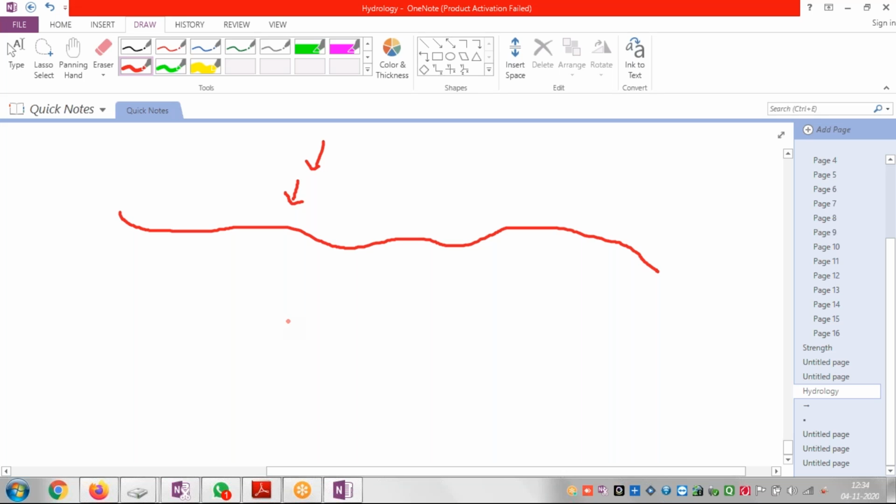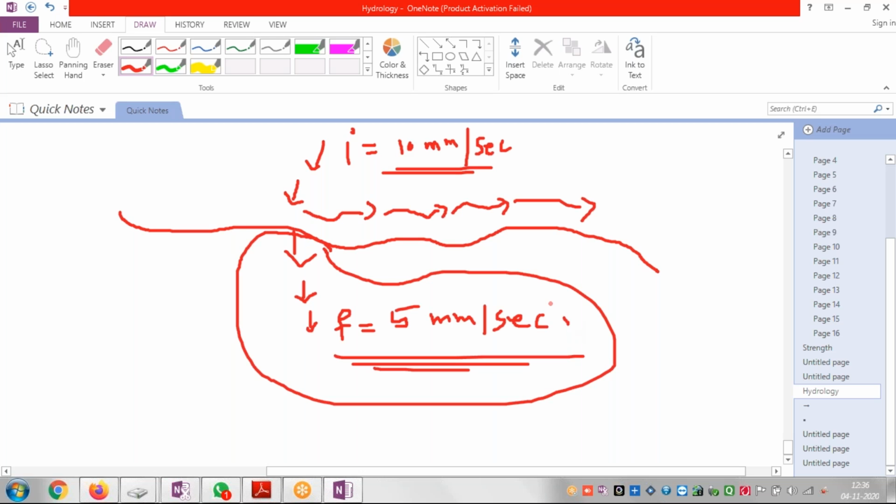In 1 second, 10 mm of rainfall. The capacity of soil, small f, is, say, 5 mm per second.